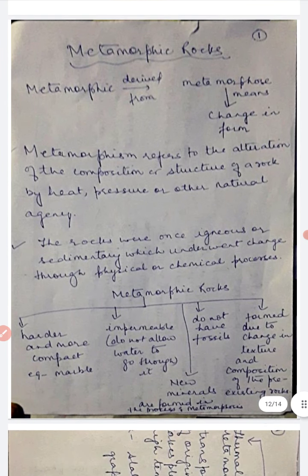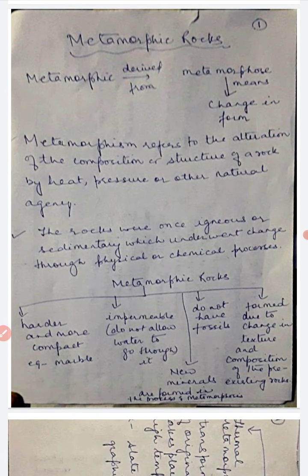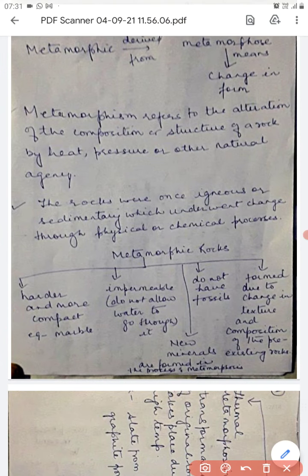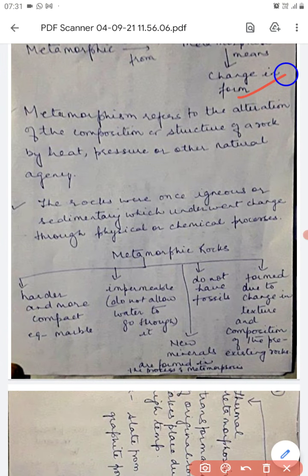And the last category of rocks is the metamorphic rocks. The word is derived from metamorphos, which means change in form. Metamorphosis generally refers to the alteration of the composition and the structure of the rock.